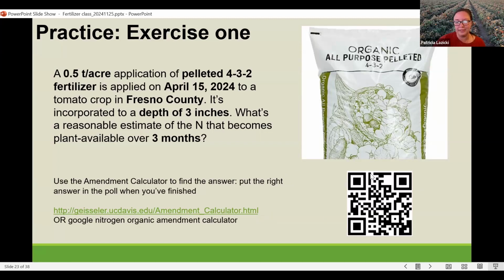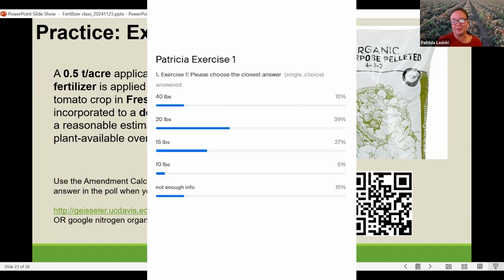So you can either go to that link or the QR code, or just Google nitrogen organic amendment calculator. It should bring it up. And I'll give you a chance to read the question. After a little bit, we'll launch a poll. So you can choose the answer on the poll that's closest to the one that you get.